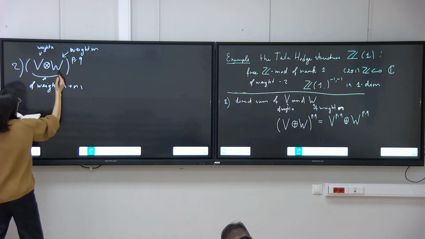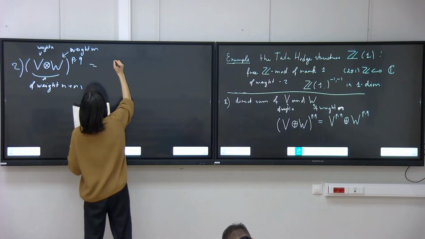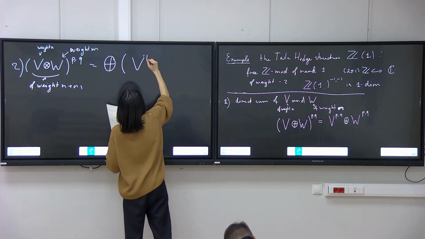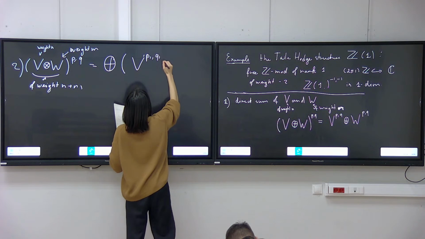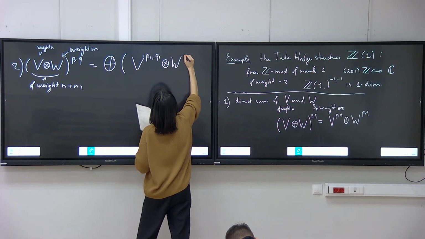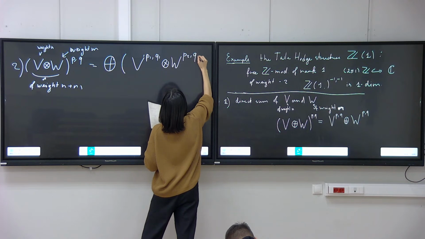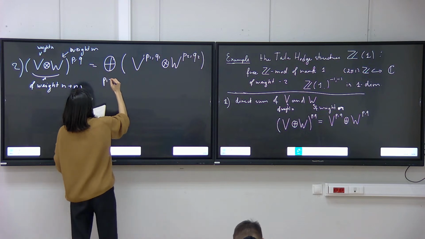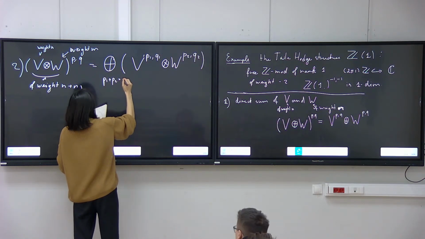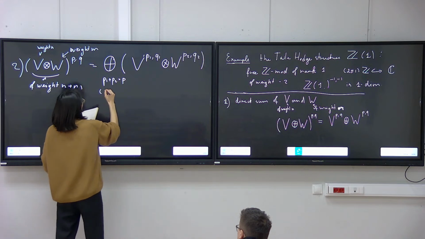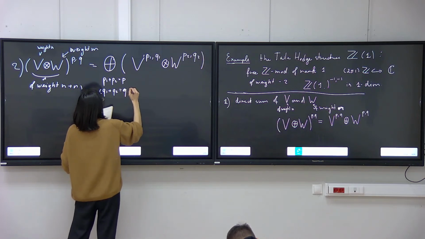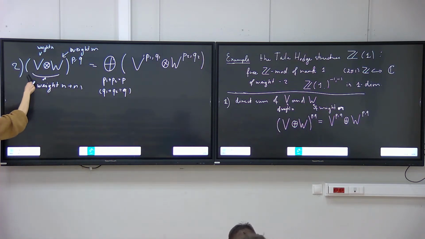We say that its (p,q) part is the direct sum of tensor products V^{p1,q1} tensor W^{p2,q2}, where p1 plus p2 is equal to p, and automatically q1 plus q2 is equal to q. Okay, this is the definition of a tensor product of two Hodge structures.